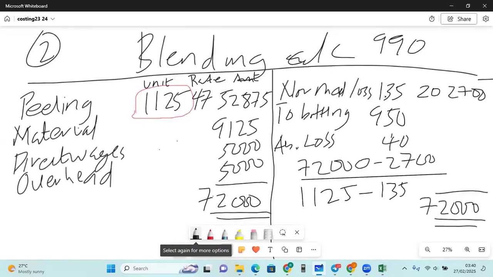Then we are getting 70. So that same 70 will be given to the abnormal loss.